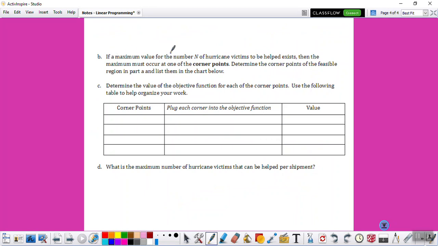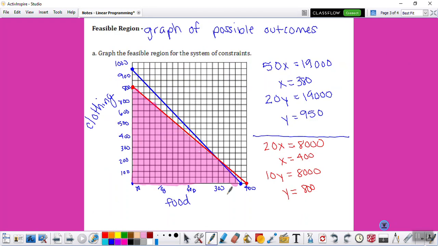If a maximum value for the number n of hurricane victims to be helped exists, then that maximum must occur at one of the corner points. Determine the corner points of the feasible region in Part A and list them in the chart below. So we're looking for the 4 corners on the sides of the pink.